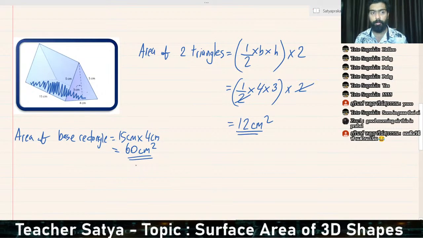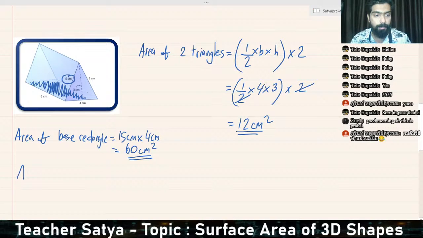Now we have two more figures left, right? We have two more figures left, which would be this rectangle right here. Now keep in mind that these two sloped rectangles will have equal area, right guys? Because this is equal to 5 and this is equal to 5, and the length or the width is 15, and therefore this side will also be equal to 15, right guys?